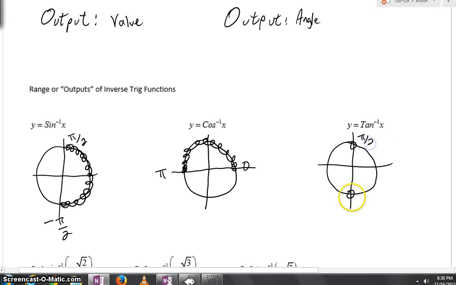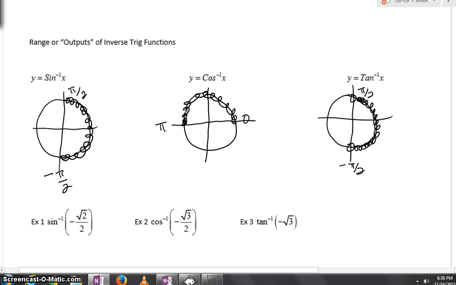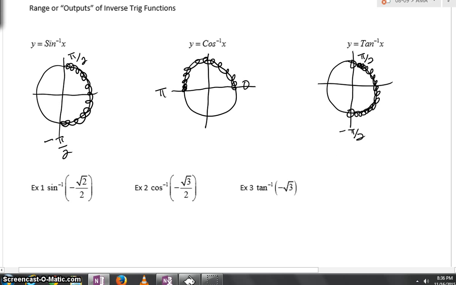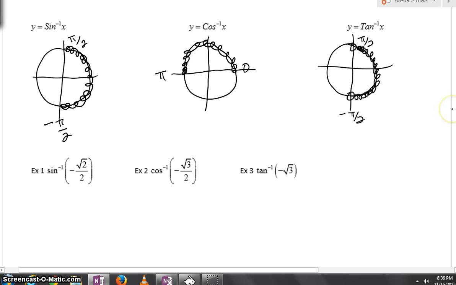However, these endpoints on these boundaries will not be included. We will be between negative pi over 2 and positive pi over 2, not including pi over 2 or negative pi over 2 themselves.